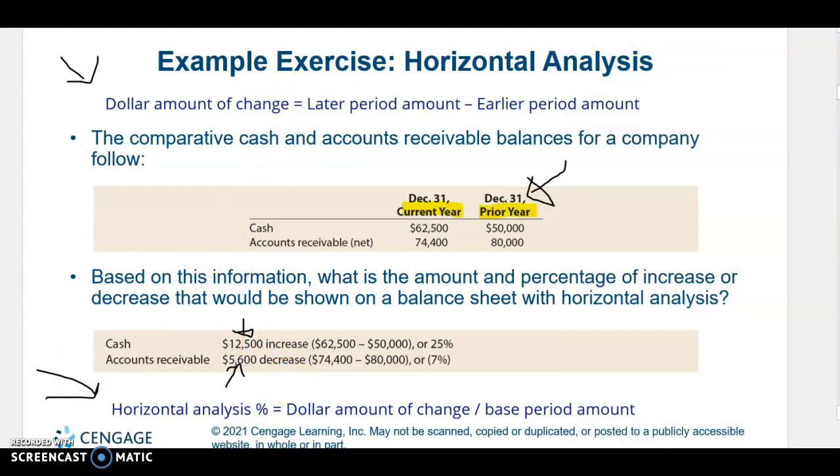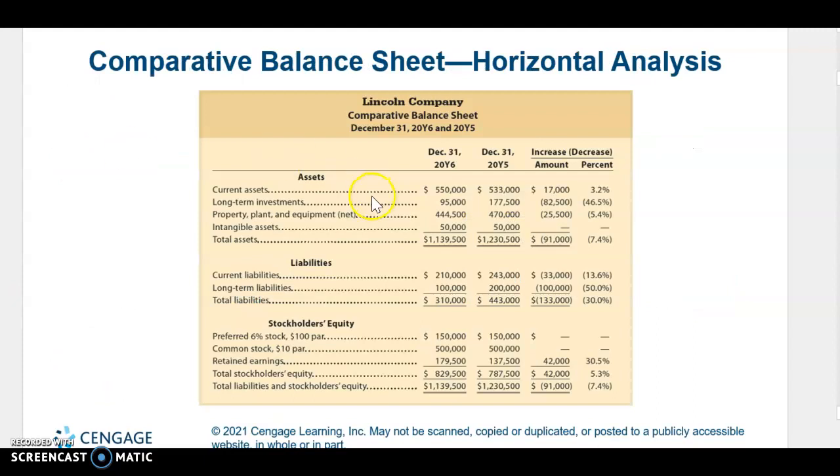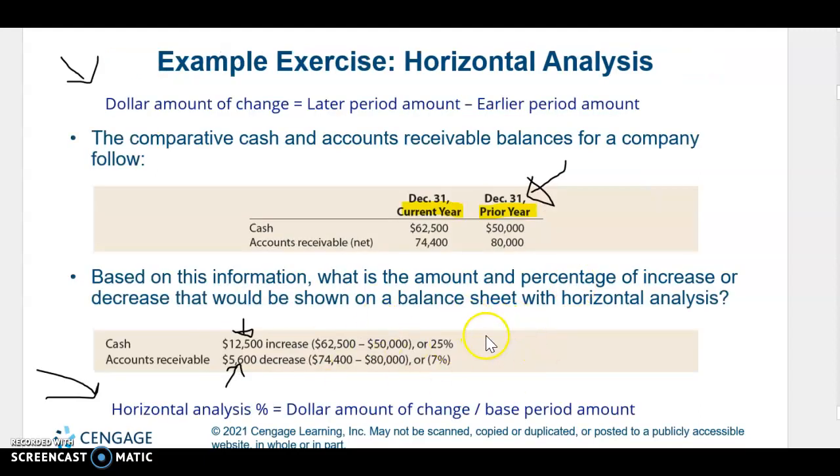And you can see here the horizontal analysis, they have done this with the whole balance sheet. And just to go back for a second, remember you divide by the oldest year. Get the change, that's step 1 up here, okay? Step 2 is take the dollar amount divided by the oldest year.